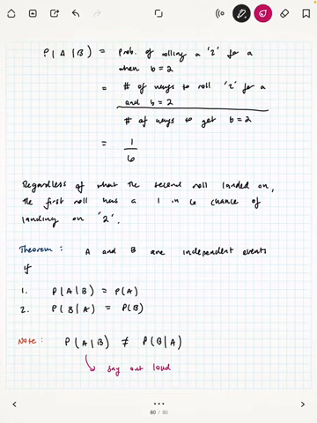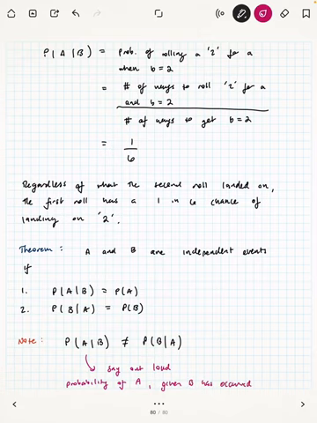So the probability of A given B has occurred is not the same thing as the probability of B given that A has occurred in general. So just a note, avoid this confusion.